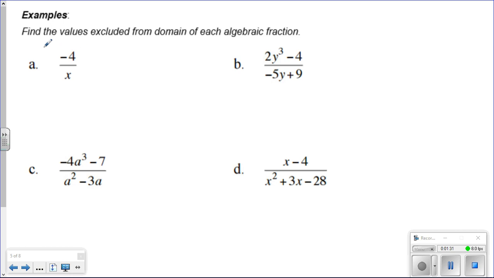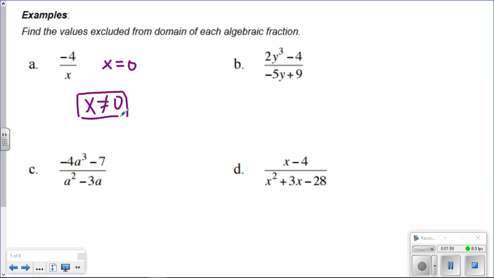So first up, it says to find the values excluded from the domain of each algebraic fraction. So what can we not have in the domain? We can never divide by 0, so that's the one number we want to figure out. So you take the denominator and set it equal to 0, and then you solve for the variable. In this case, it's already solved, so x cannot be 0.